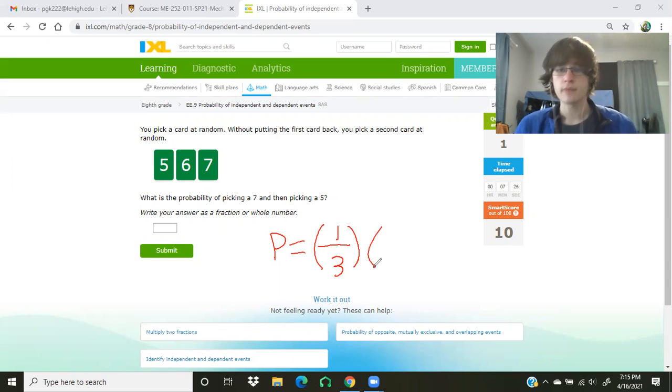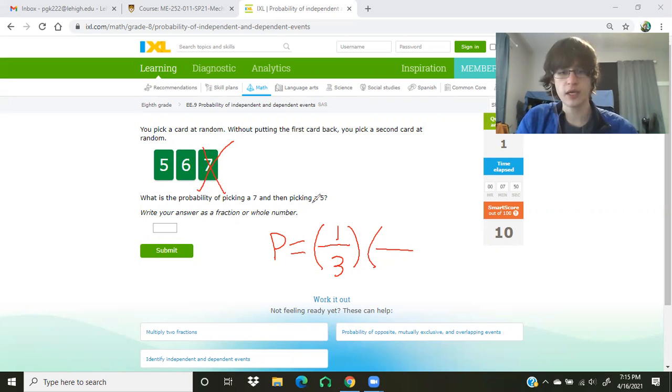Now, last time, when we had independent events, our total possible outcomes didn't change. And hopefully you can see now that with dependent events, they do change. So now that we've picked up a 7, that card is no longer there.